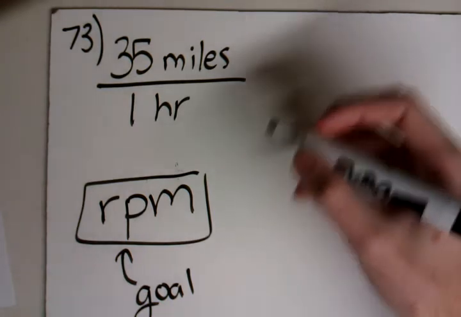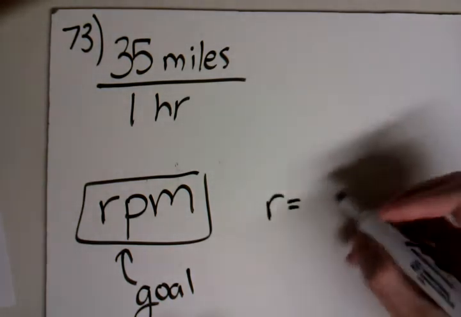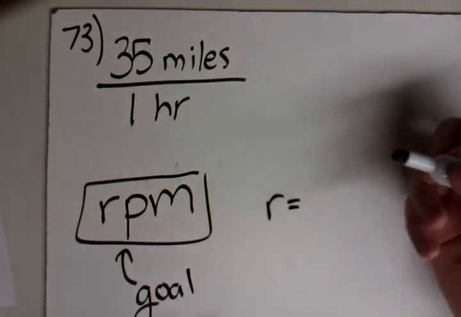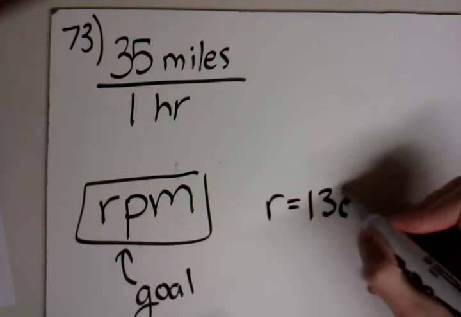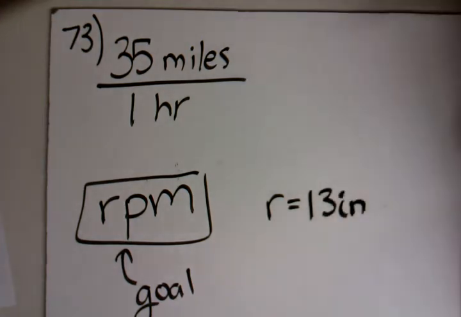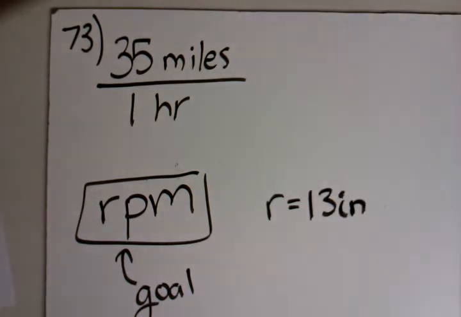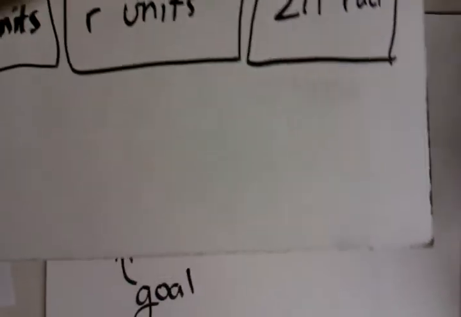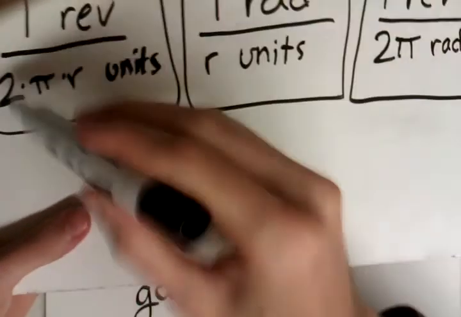Again, they told us one thing that's really important here: they told us our diameter is 26 inches, therefore the radius would be 13 inches. So the first thing I want to do is, remember, I know from my little toolbox that I can convert between revolutions and the units I'm looking at if I know the circumference.